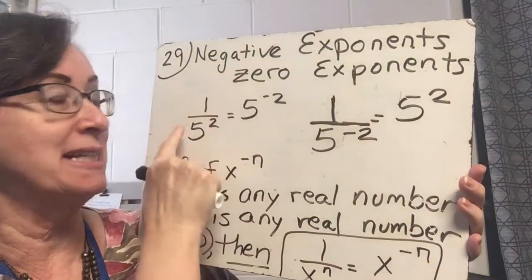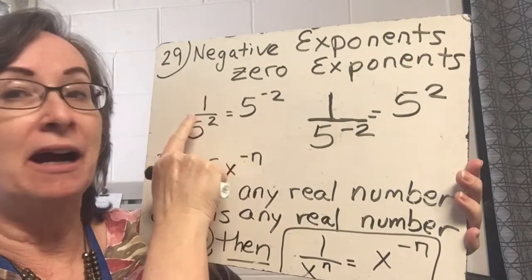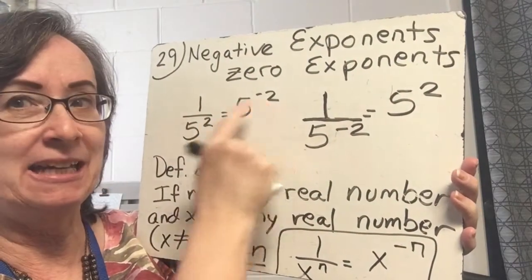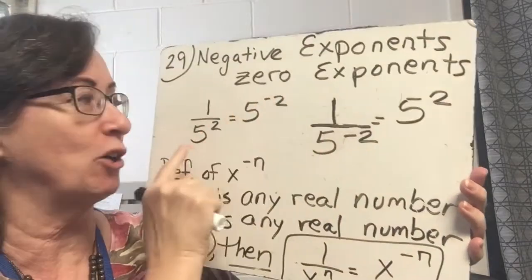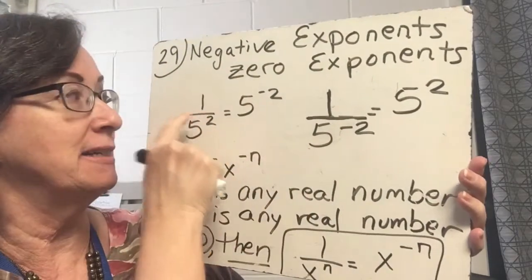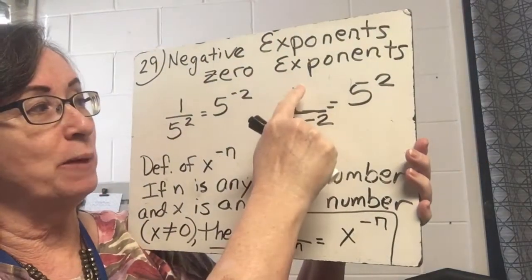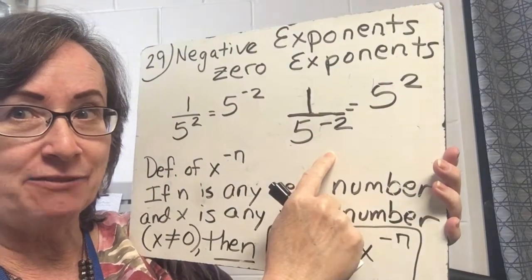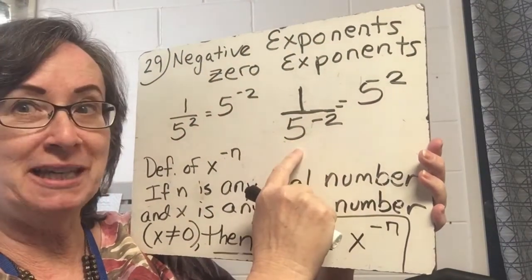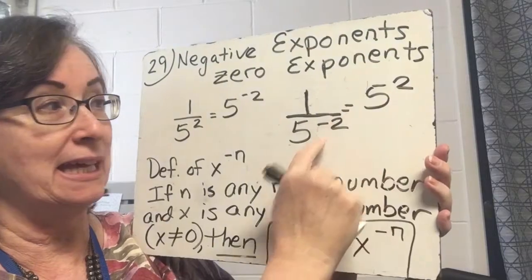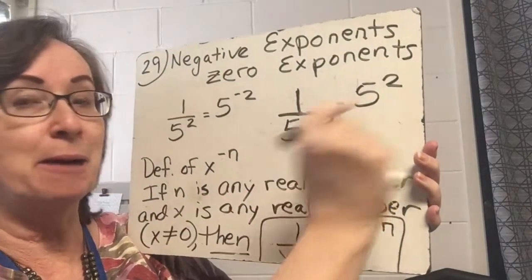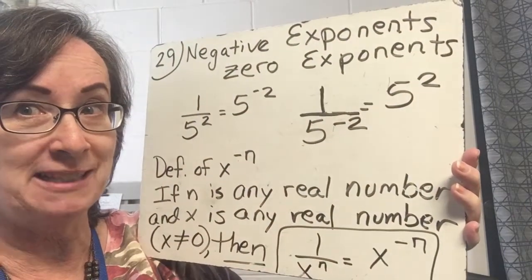So when we take something and we want to change the sign of the exponent, we flip it across the division sign. So here we have 1 over 5 to the negative 2. But when we flip it up over the division sign, it becomes a 5 to the 2, a positive 2.